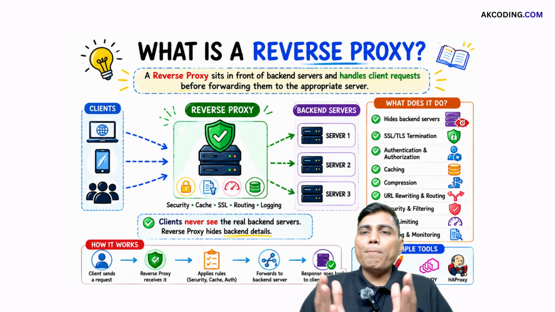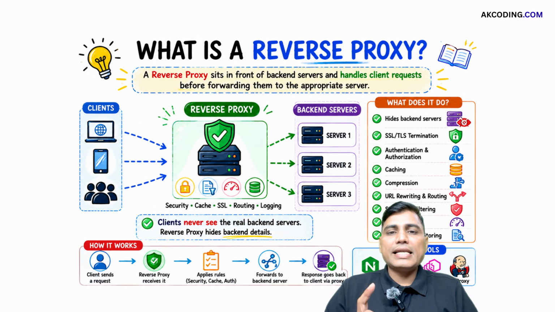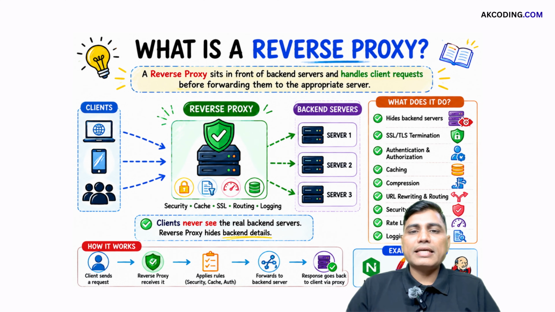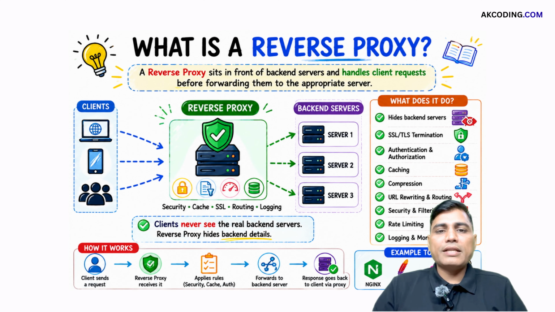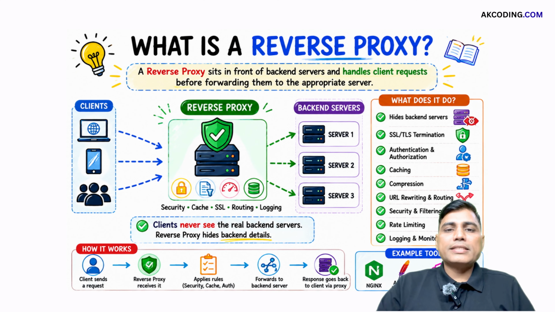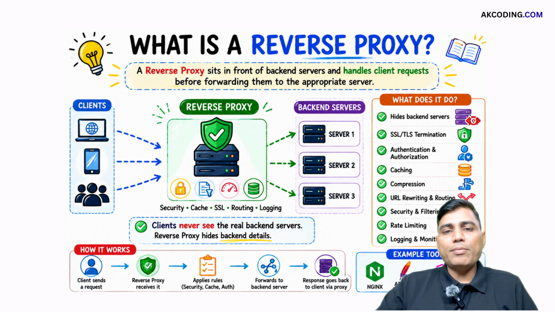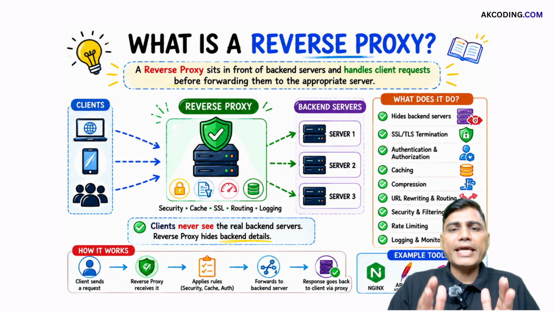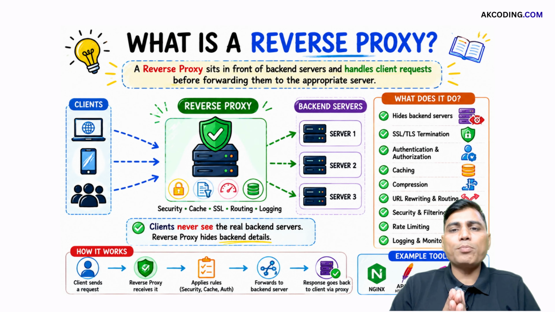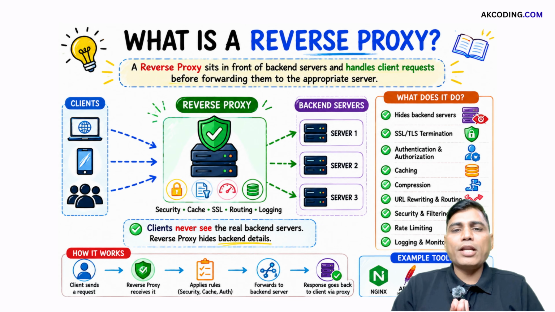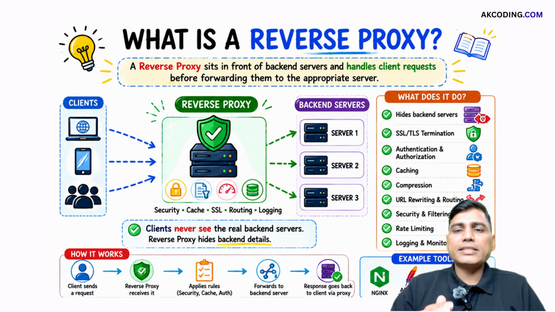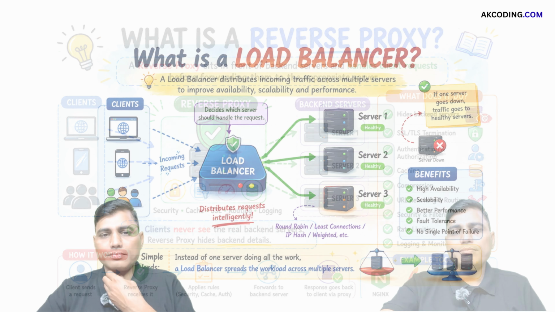It can perform many tasks like SSL termination, authentication, authorization, URL rewriting, compression, caching, logging, security filtering and rate limiting. Think of it as a security guard plus receptionist. Its main job is to protect and manage access to your backend server.